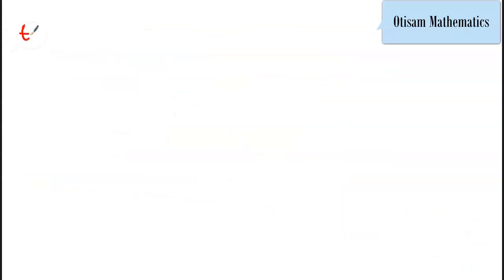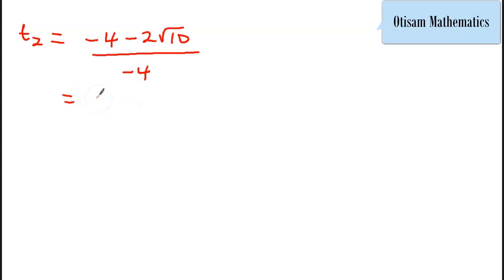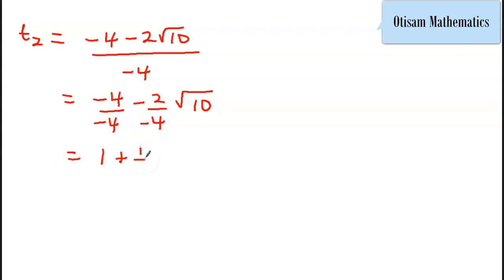The other value of t, we use the other sign, this time the minus. So minus 4 minus 2 root 10 over minus 4, which we can write as minus 4 over minus 4, then minus 2 over minus 4 root 10. This gives us 1 plus 1 over 2 square root of 10.